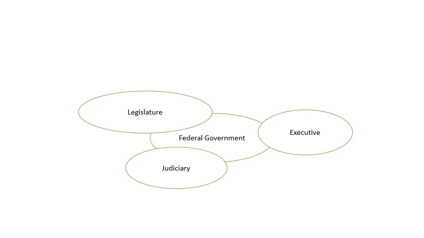And the third important organ is the judiciary. The judiciary is the body of the federal government that has the power and responsibility to explain laws. The federal judiciary is comprised of the Supreme Court of Pakistan, headed by the Chief Justice of the Supreme Court.